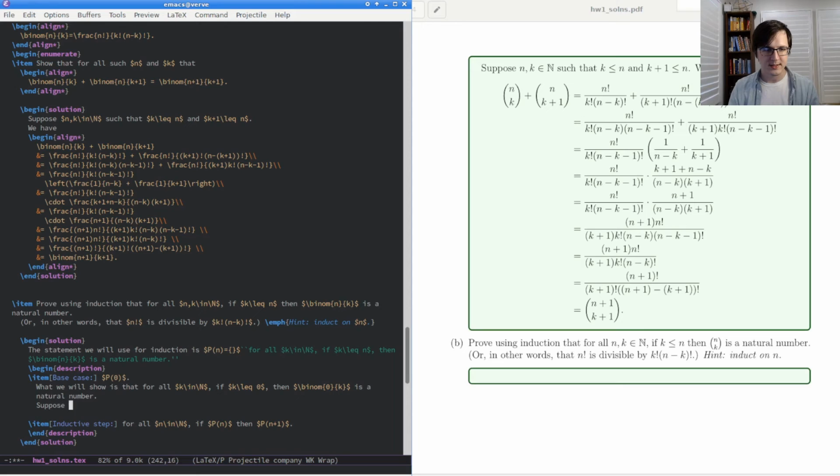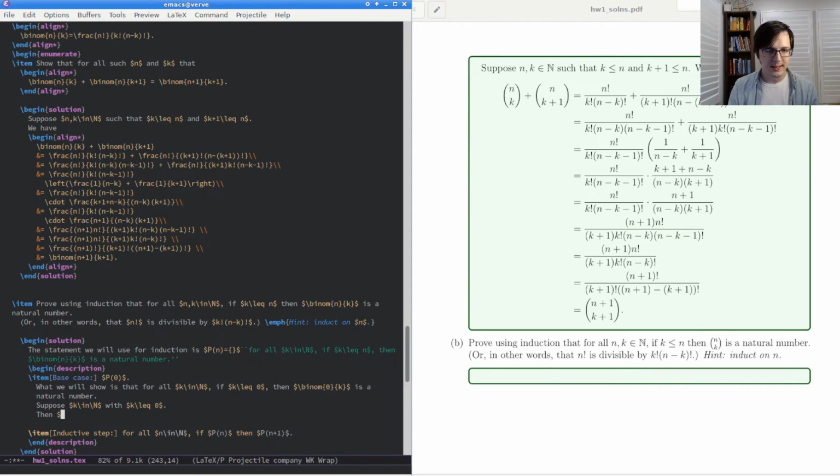So suppose k is a natural number with k less than or equal to 0. Usually what we're going to show is left unsaid.